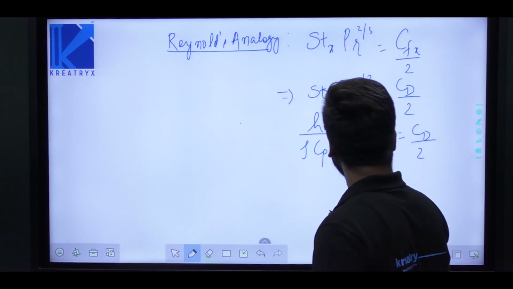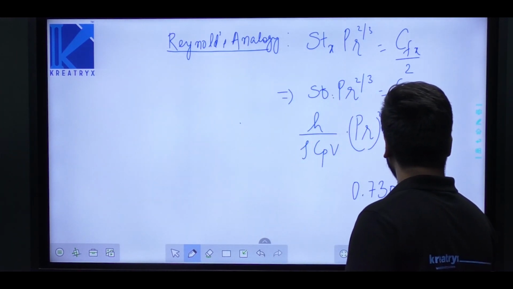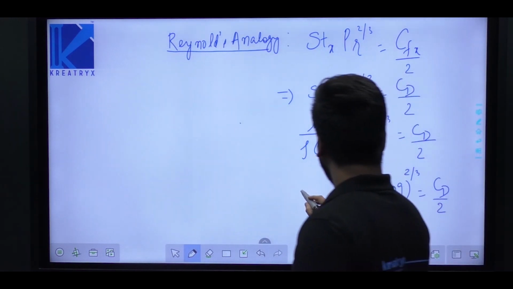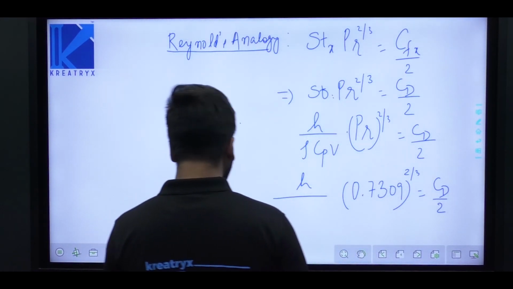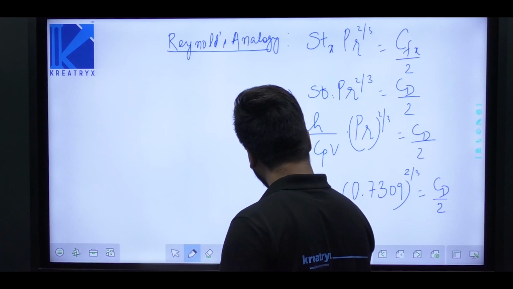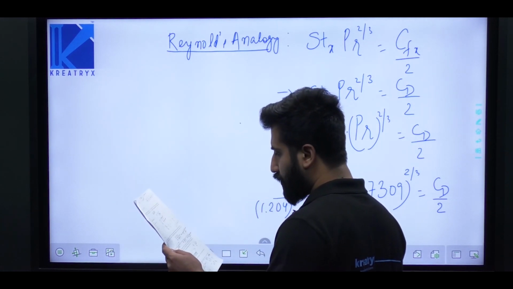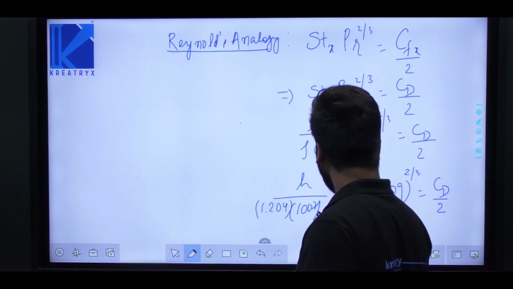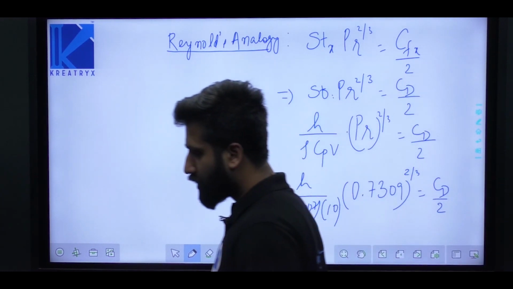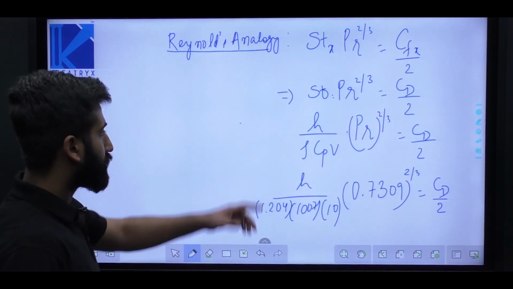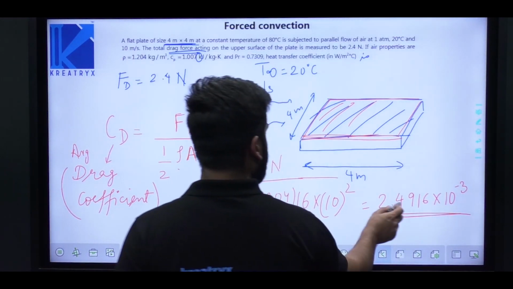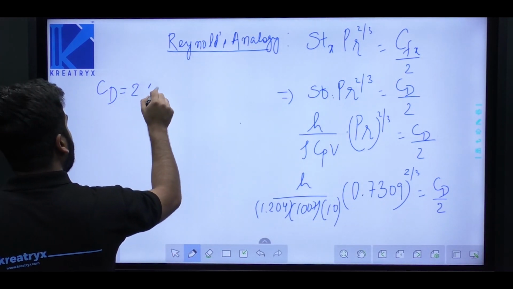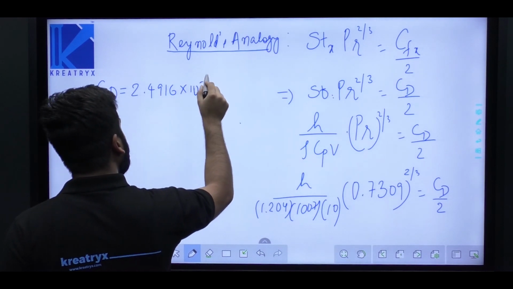So 0.7309 raised to the power 2 by 3 is equal to CD by 2, and H we have to find out. Rho is 1.204, Cp is 1.007 kilojoule per kilogram Kelvin, so that means 1007 joule per kilogram Kelvin, and V is 10. The only term you have to find is H, because CD is 2.4916 into 10 to the minus 3.